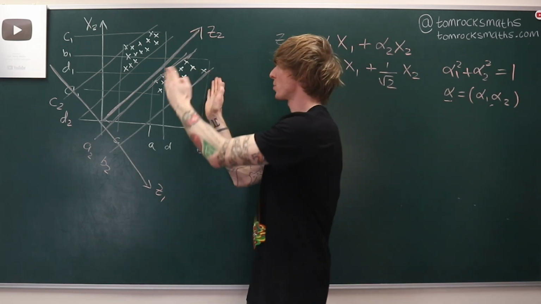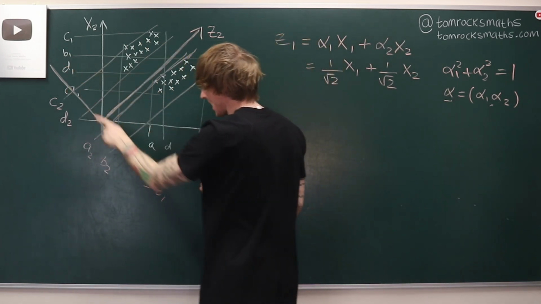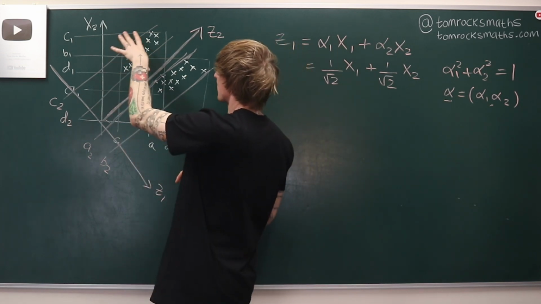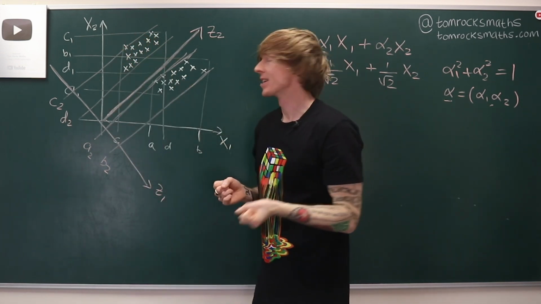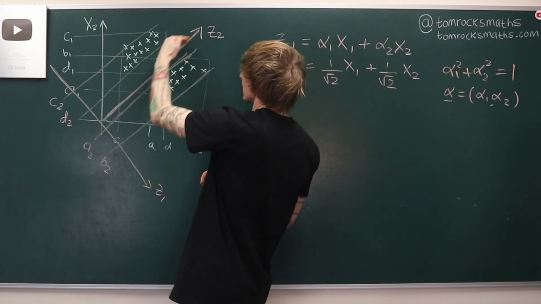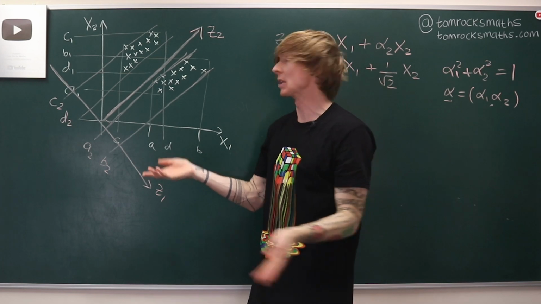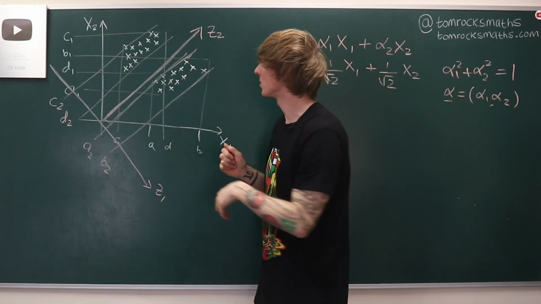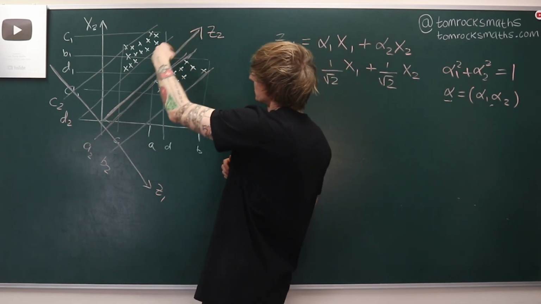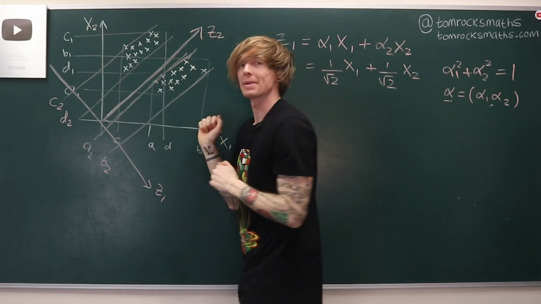Now, once we rotate the axes along this z1 axis, we actually now have a much larger variance. So again, our sort of average point is approximately going to be along the z2 axis. That will not necessarily be true in general, it just happens to work here in this example. But we will have a mean sort of here, and clearly we've got quite a big jump that way and quite a big jump this way.